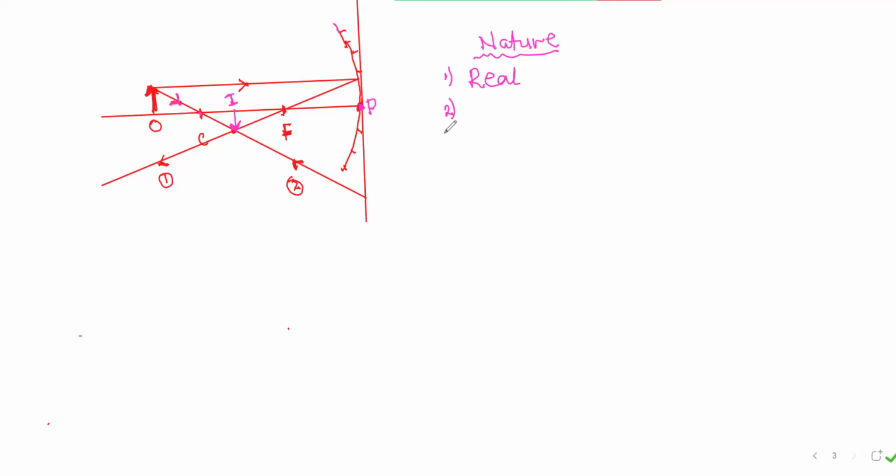It is real because it is formed in front of the mirror, or it is real because it is formed as a result of the actual intersection of reflected rays. Now, all real images are inverted.